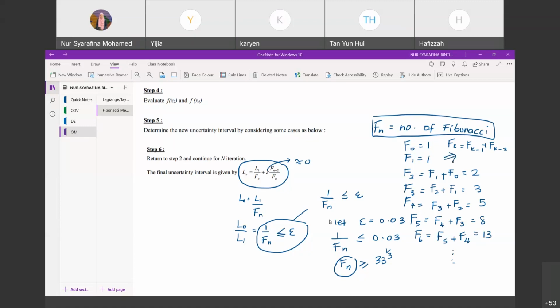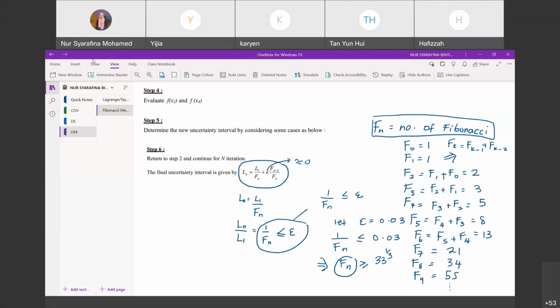Why do you need to obtain the Fibonacci number? Because we want to identify the number of iterations by looking at this. When Fn is greater than 33 to the power of 1 over 3 here, we stop. Again, let's proceed. F7 equals 21. F8 equals 34. F9 equals 55 and so on.